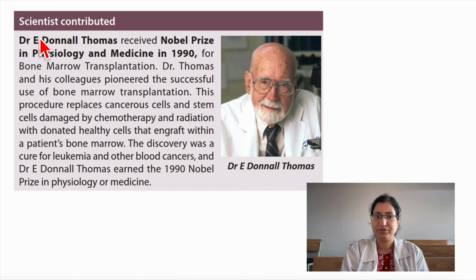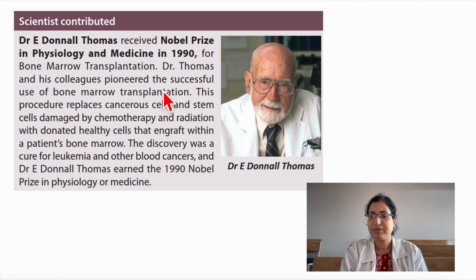Scientist contribution. So this is the picture of this scientist, Dr. E. Donald Thomas. He received Nobel Prize in Physiology or Medicine in 1990 for bone marrow transplantation. So Dr. Thomas and his colleagues pioneered the successful use of bone marrow transplantation.